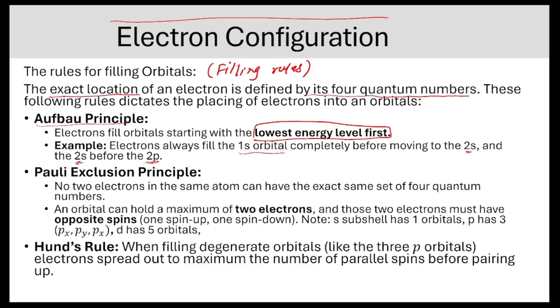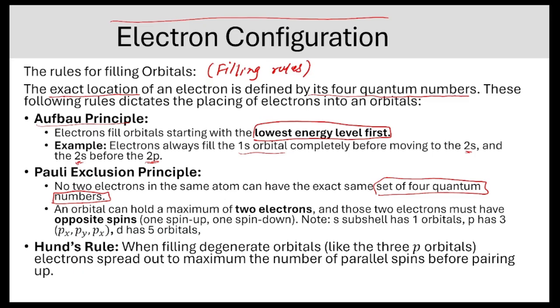And then we have the Pauli exclusion principle. This principle limits the number of electrons in any one orbital. It states that no two electrons in the same atom can have the same four quantum numbers, meaning no electrons will overlap each other.